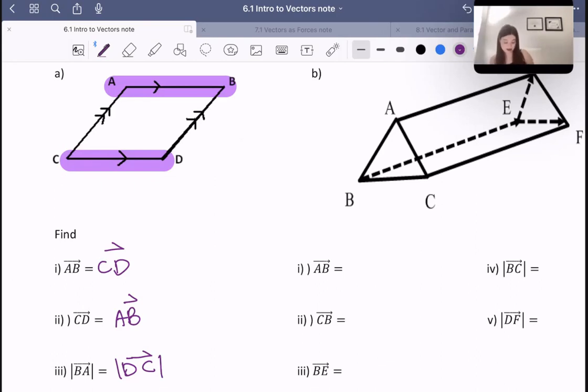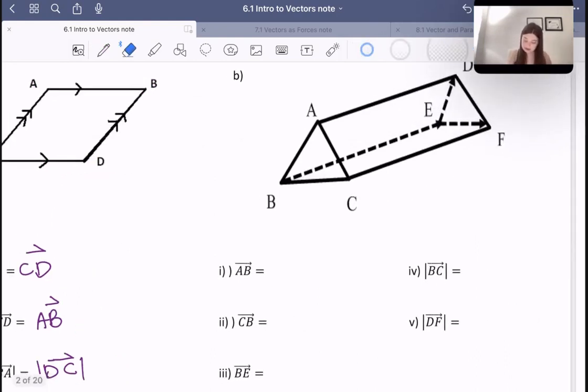So actually, AB has the same magnitude as BA, right? They're opposite vectors. Same with DC, and actually same with CD. So you could answer any of those, and you could be right with any of those, because when it comes to magnitude, as long as the length is the same, then it's equal. So there are a few different answers for that one that are all correct.